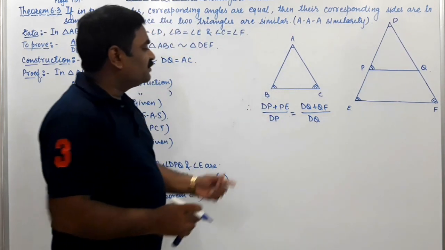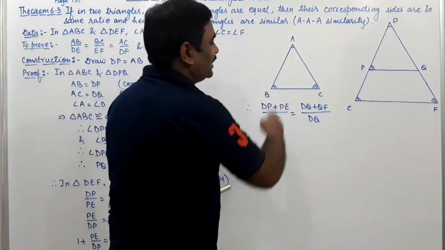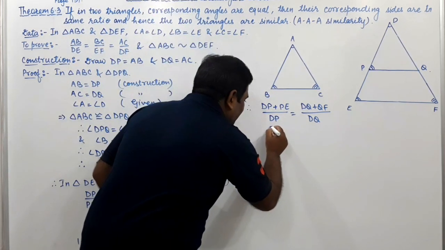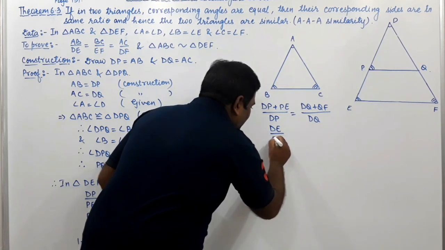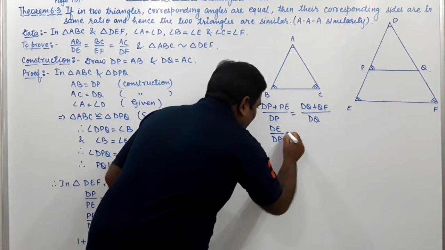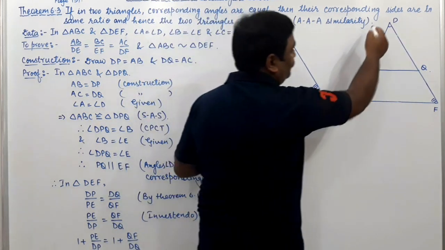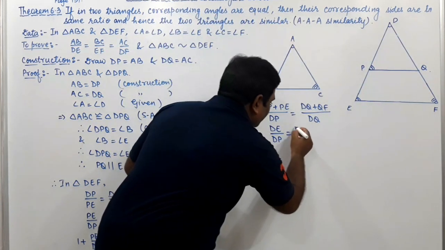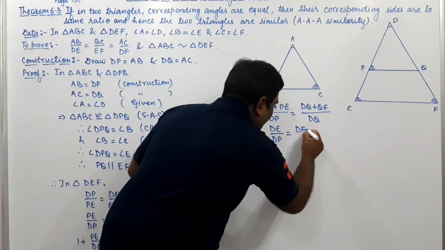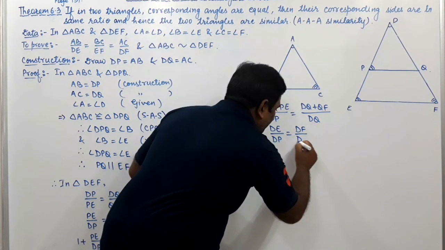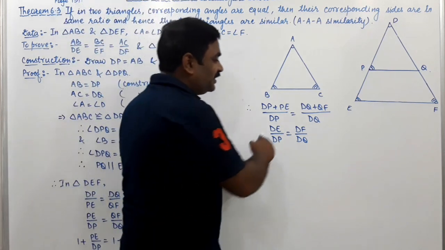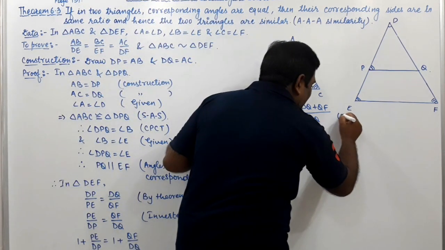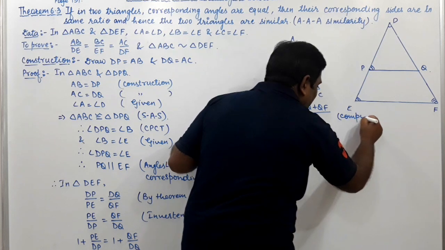Now the sum DP plus PE can be written as DE, so DE upon DP equals DQ plus QF, which can be written as DF upon DQ, right? This is called the componendo rule.